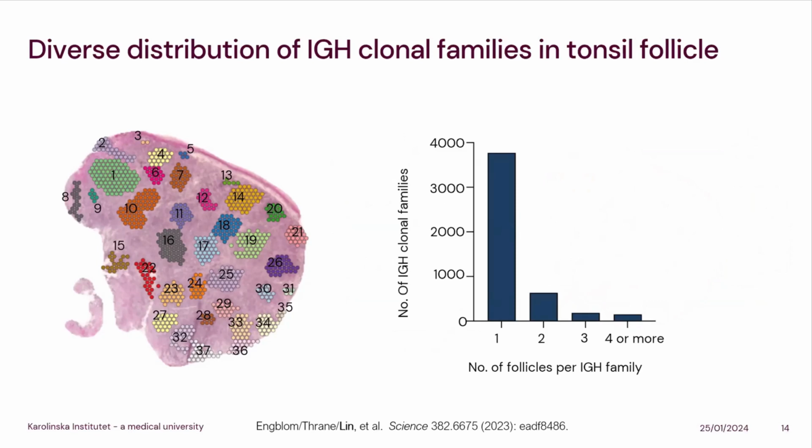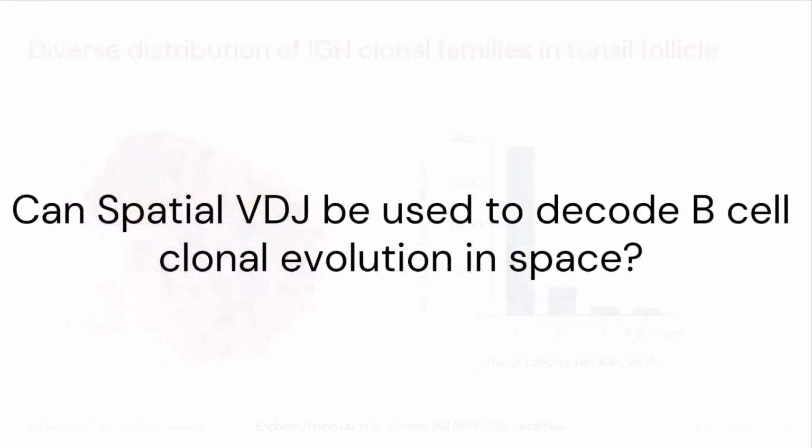We have most of the clonal families quite restricted, but some families are quite expanded, which attracted our attention, as it might bring up the possibility to view potential dynamics within the family. So we have another question. Can spatial VDJ be used to decode B cell clonal evolution in space in that clonal family?